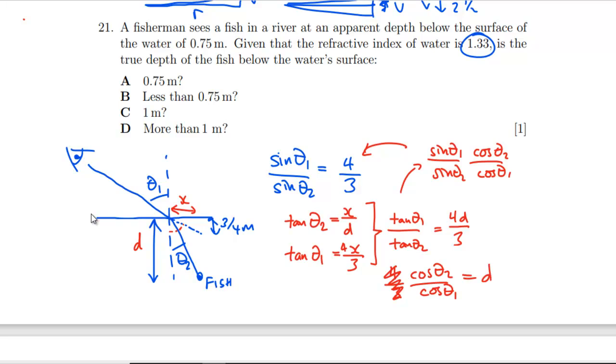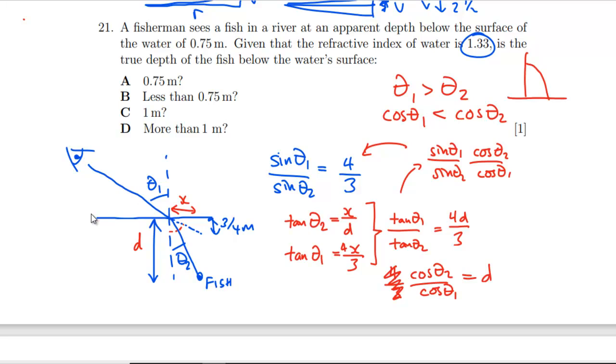Right, how on earth does that help? Well, we know that θ1 is greater than θ2. So that means that cos θ1 has got to be less than cos θ2, because as theta increases, cos is decreasing.